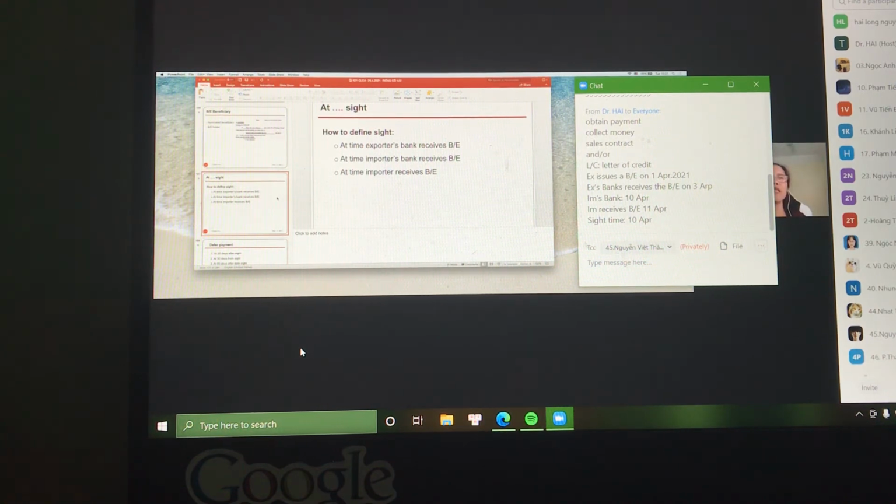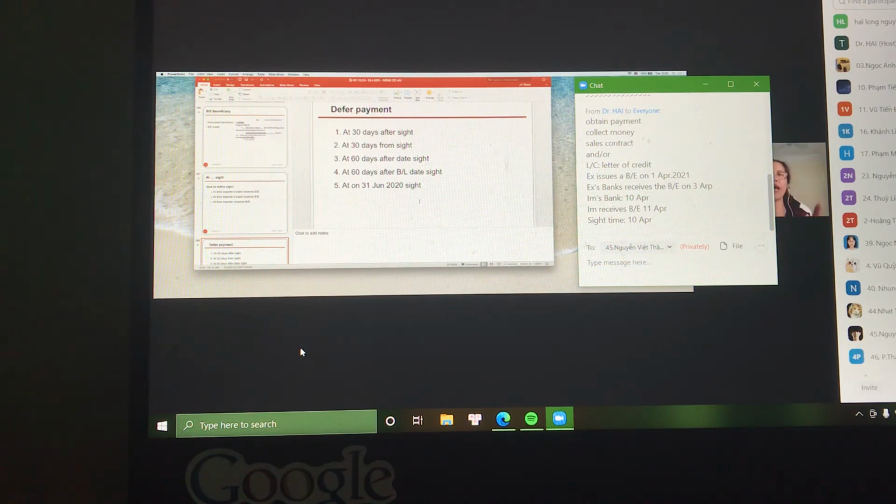But in reality, in practice, the exporter and the importer negotiate many different types of time, usage or maybe deferred payment. Deferred payment means the drawee does not have to pay you immediately when they see the B/E. They have a time to prepare for payment.